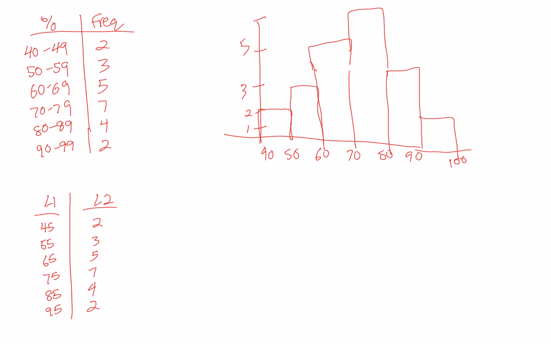And then when we want to calculate it, we still do stat calc, that part's the same. You still choose one variable, that part's the same. And then the only thing that's different is we have to tell the calculator to use both lists. So we use one variable stats.